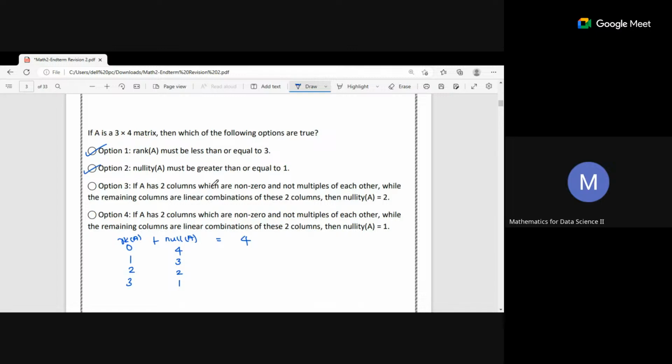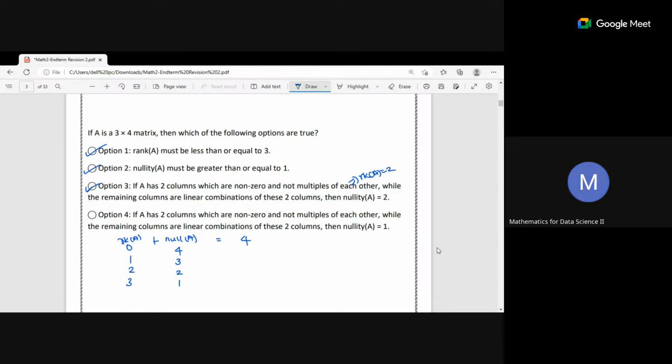If A has 2 columns which are non-zero and not multiples of each other, while the remaining columns are linear combinations of these 2 columns, then nullity of A is equal to 2. Is that correct? Yes, ma'am. So if 2 columns are non-zero and not multiples of each other, it means that your rank is 2. So if rank is 2, you know that nullity is 2.